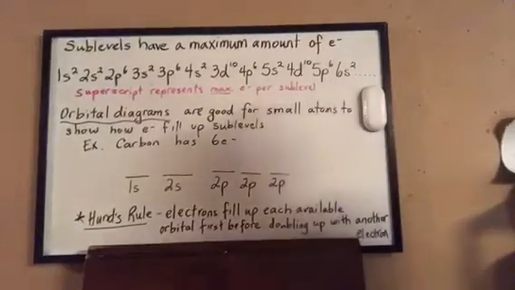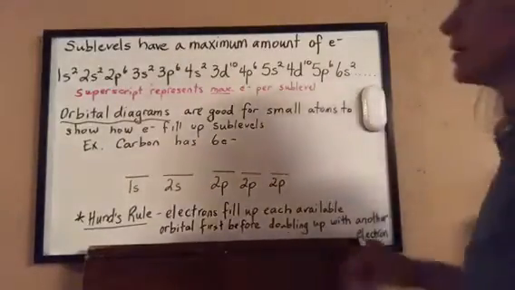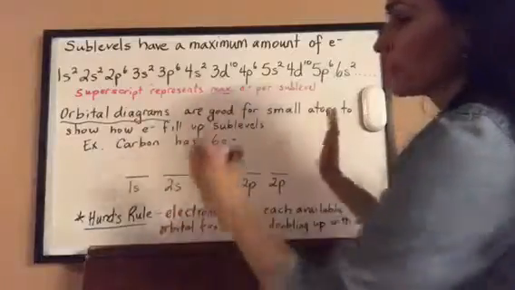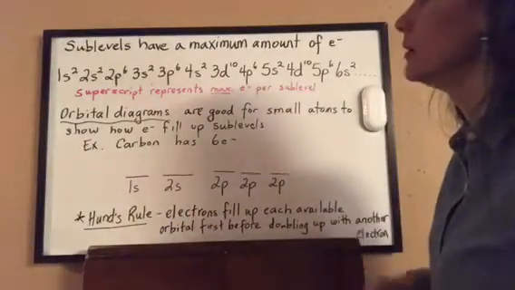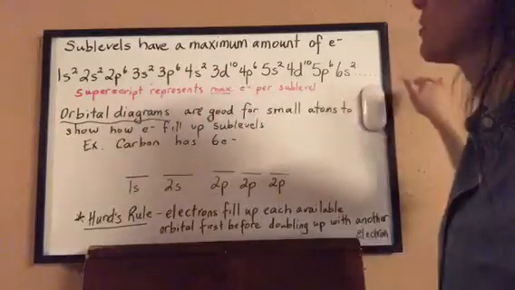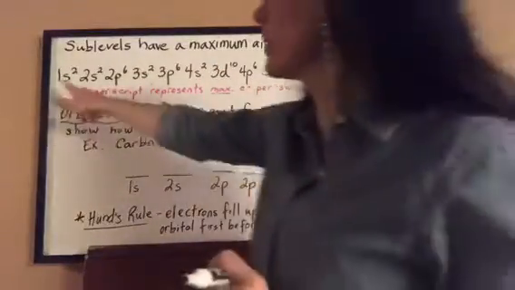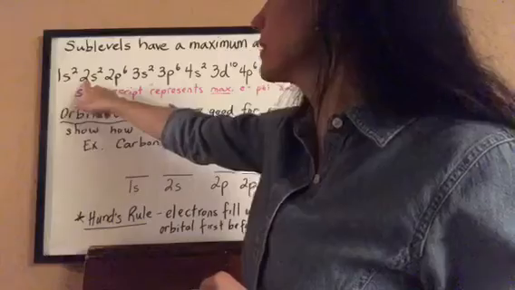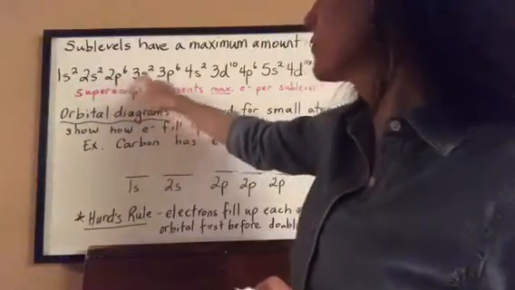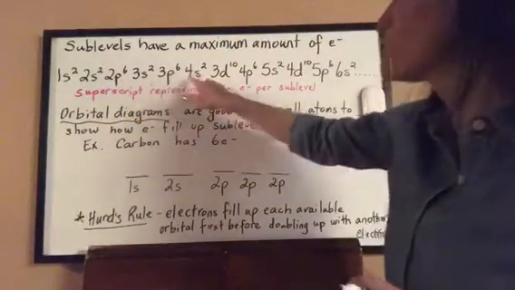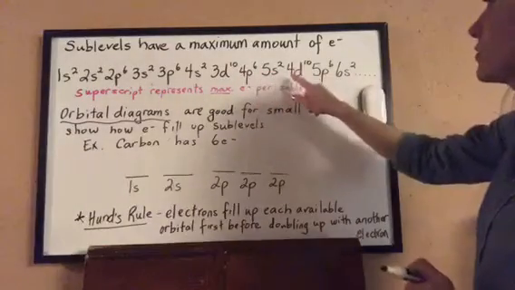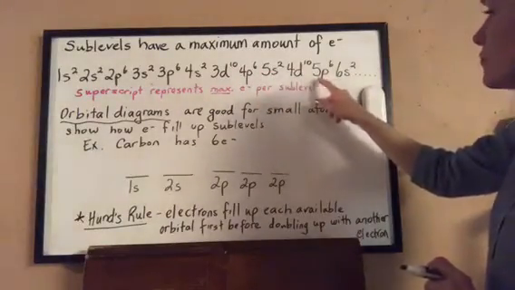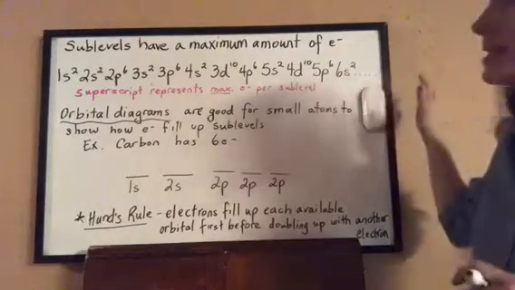Sublevels have a maximum amount of electrons. I just had that drawing here, with the sublevels and the red arrows showing the order. And I wrote that out here across the board the same way. 1s fills up first, followed by 2s, 2p, 3s, 3p, 4s, 3d, 4p, 5s, 4d, 5p, 6s, and so on.